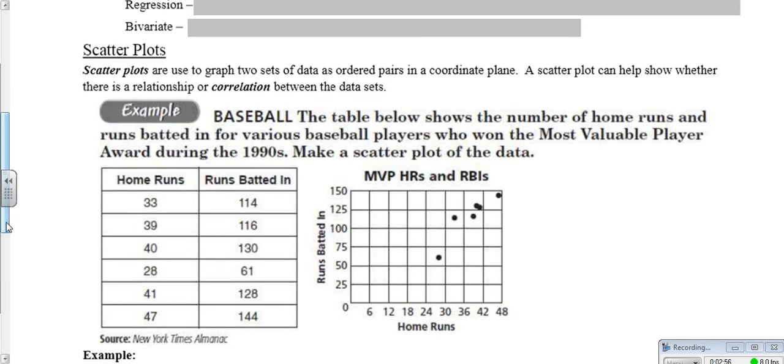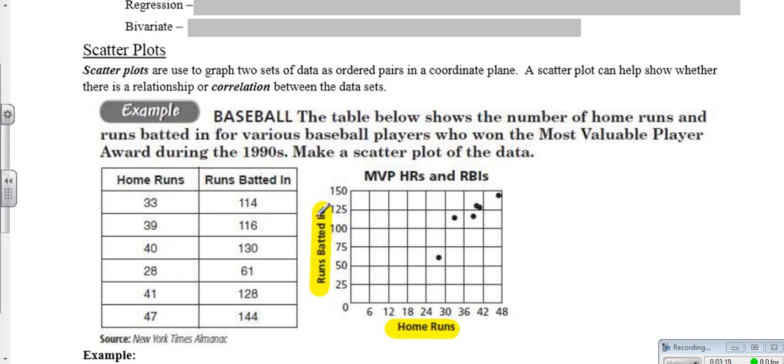So for scatter plots, an example here, we have home runs and runs batted in. You have two variables, and you're going to compare them. Notice that the home runs are the x-axis and runs batted in are the y-axis. So in this situation, we would call the x-axis the independent or the explanatory variable.